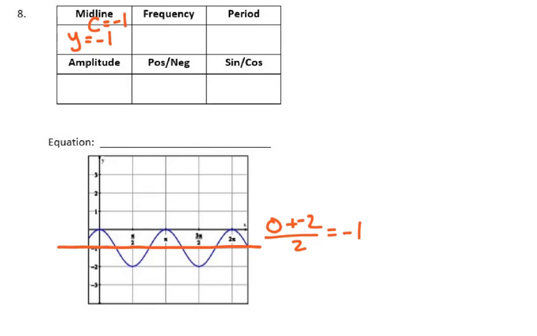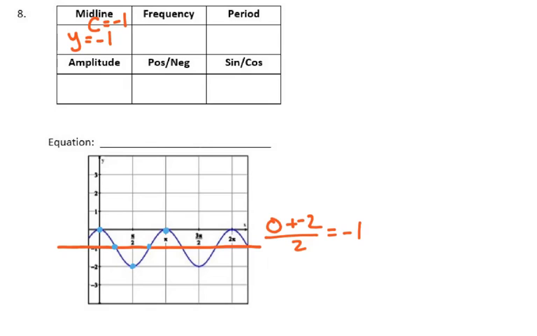For my frequency and period, I'm looking for my 5 main trig points here. So I have 1, 2, 3, 4, 5. So I was just able to get a complete curve here, 5 whole trig points just from 0 to pi.